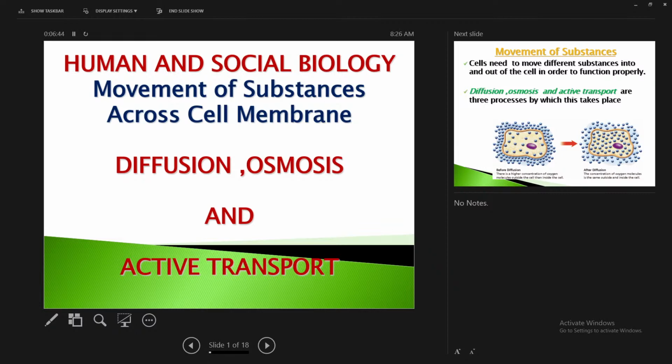In terms of how substances enter and leave the cells, we have 3 different ways, and those ways are diffusion, osmosis, and of course active transport. Definitely we will be looking at them individually.